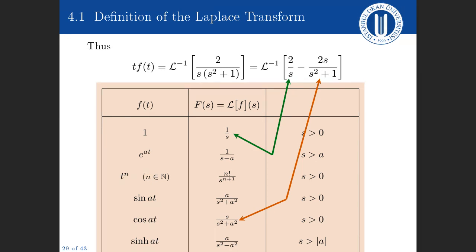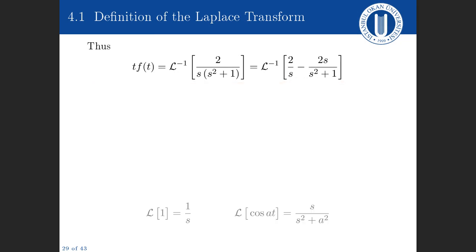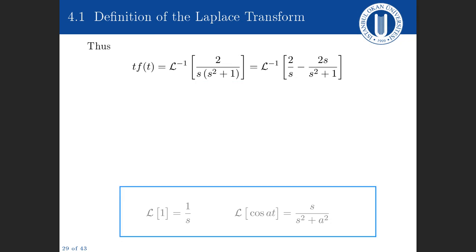So let's remove our table of elementary Laplace transforms and let's just write what we have. I've written at the bottom, we're going to be using the Laplace transform of 1 is equal to 1 over s, and the Laplace transform of cos at is equal to s over s squared plus a squared.